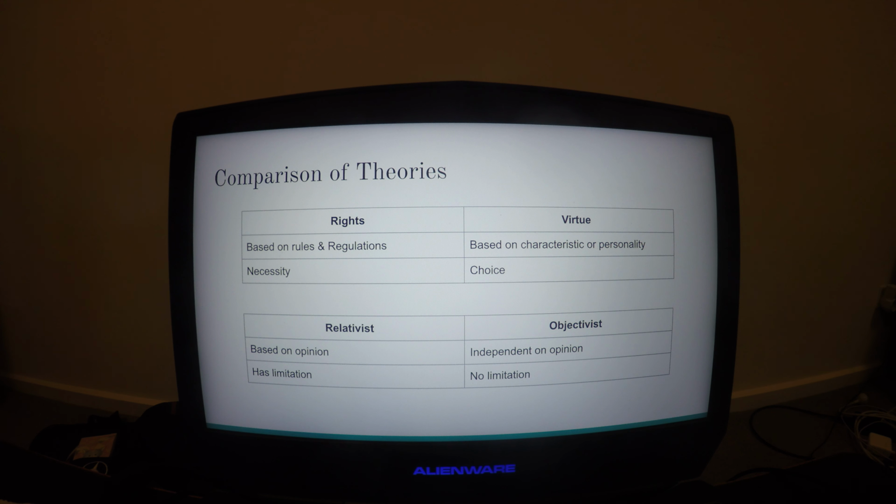And relativist has a limitation, with respect to individual thoughts, culture perception and historical context, whilst objectivist has no limitation as long as the objective is harmless and does not contain illegal components and factors.